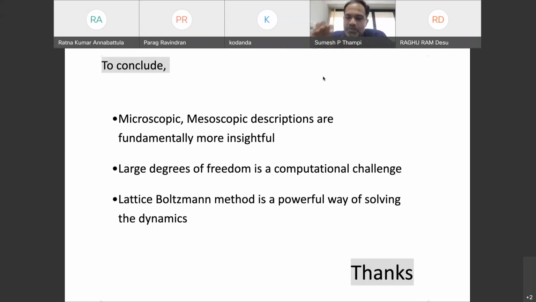But the simplicity comes from the fact that it's very easy to impose the boundary conditions on the surface of the particle. So generally, when you solve things on a Cartesian mesh and you have a spherical particle, the spherical particle doesn't conform to the Cartesian mesh, and that's where the challenge comes in.